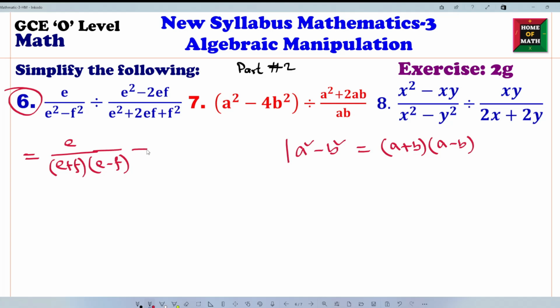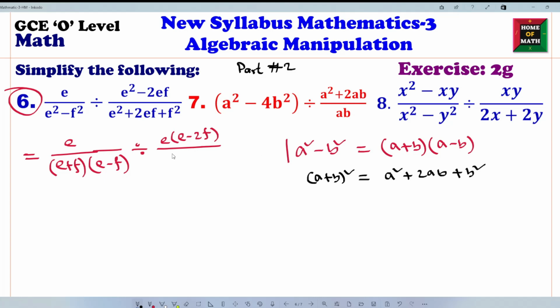Okay, divide. Here we can take common e, so e minus 2f. And look, here is e square plus 2ef plus f square. We know a plus b whole square means a square plus 2ab plus b square.